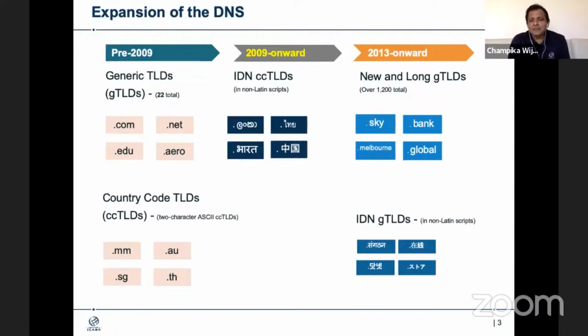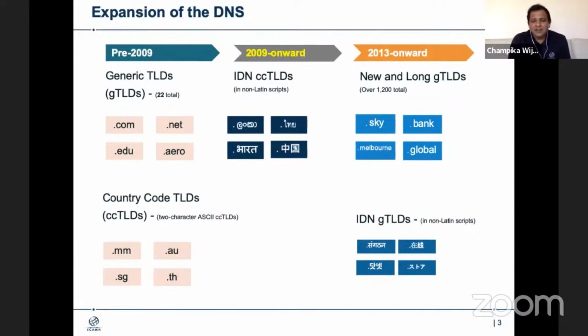And then after 2009, we also saw non-Latin scripts, because previously we had mostly been using Latin-based and ASCII-based scripts like English. After 2009, the internationalized domain names, or IDNs, were delegated. You can see a few examples of top-level domains in different scripts, because in different countries people write in different scripts.